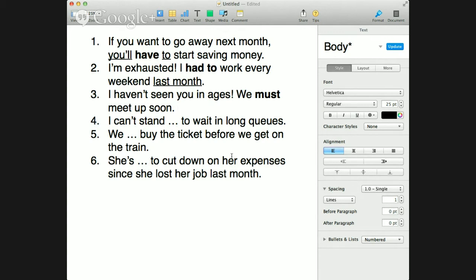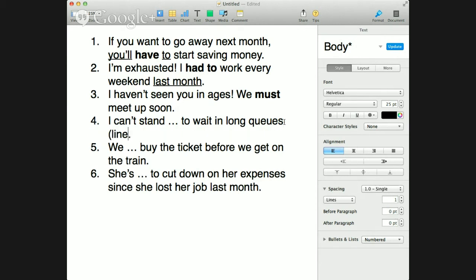I can't stand to eat in a long queue. Teacher, I don't know what that sentence wants to say. Queue is long. What is a queue? A queue is a line. A queue is the UK version of a line. And you have to wait in a line for, I don't know, to pay for something at a shop. Yeah? Synonymous. Okay.